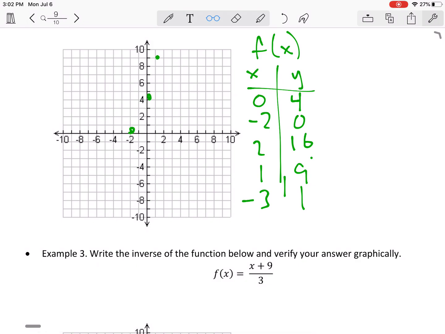Okay, so that's going to be here. So let's do one more point here. Negative 4 is going to be 4.